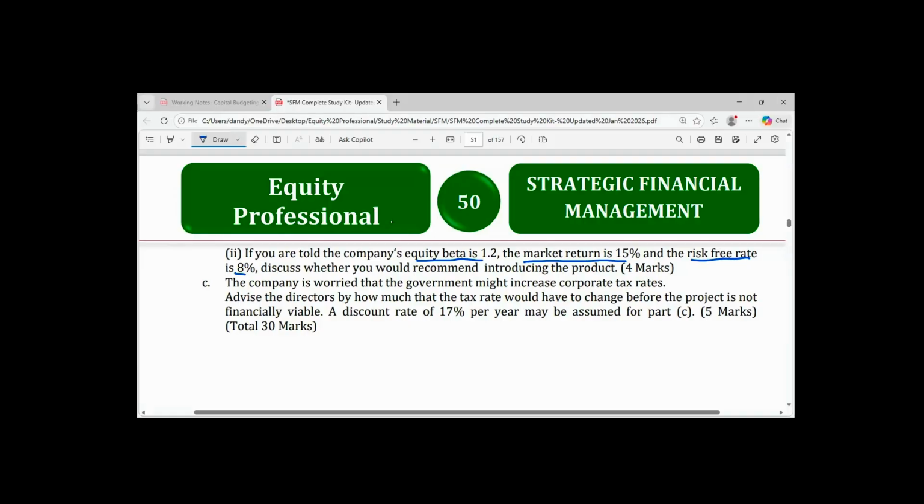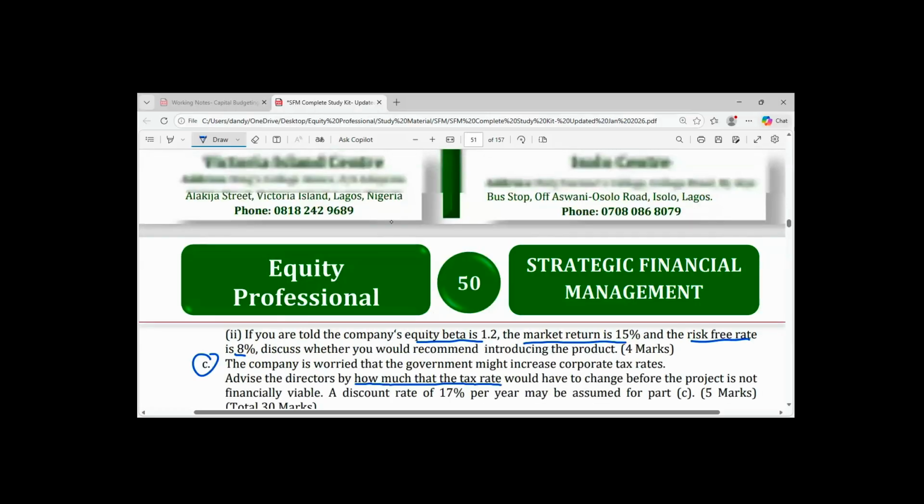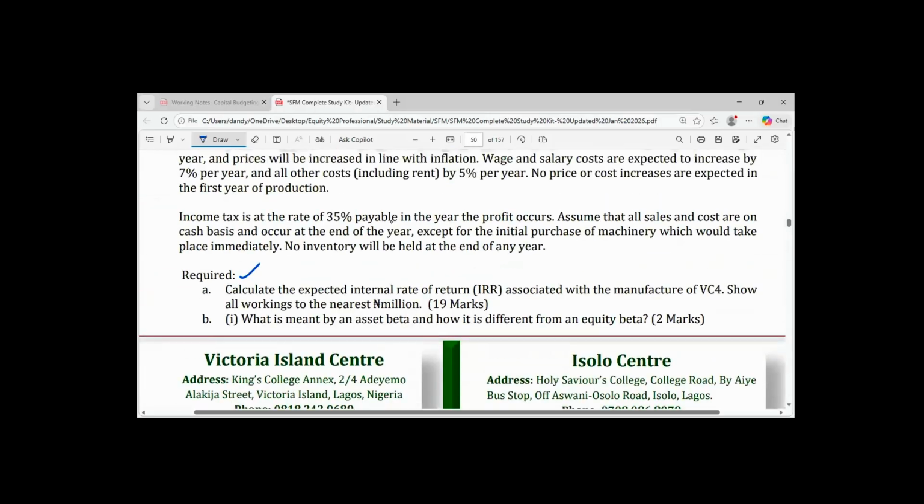All right, so that means in this Part C, you have to calculate the sensitivity margin of tax liability. So I want to calculate internal rate of return.